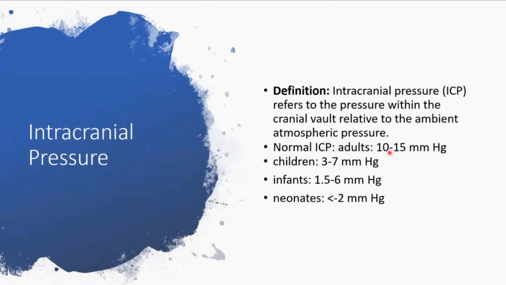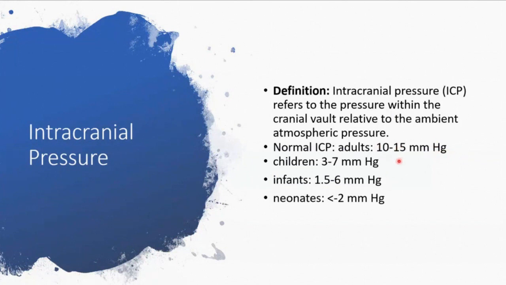But there is a non-pathological increase in the ICP, and keep this in your mind. Like what? If I sneeze or cough, there will be a momentary increase in my ICP, and it can reach 40 or 50 millimeters of mercury. But this is momentary, for seconds, and then it will go back down. Constipation, straining, all of these can increase the intracranial pressure above 15, but it is not pathological because it is usually momentary and related to specific circumstances.